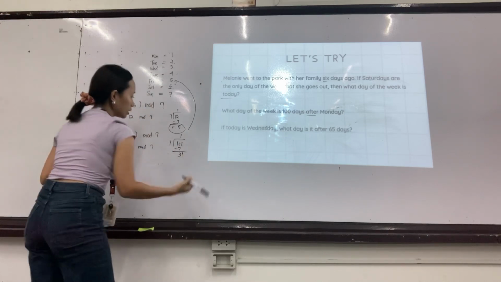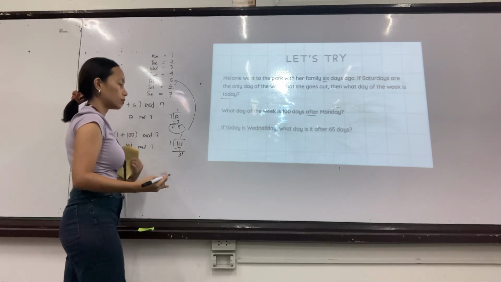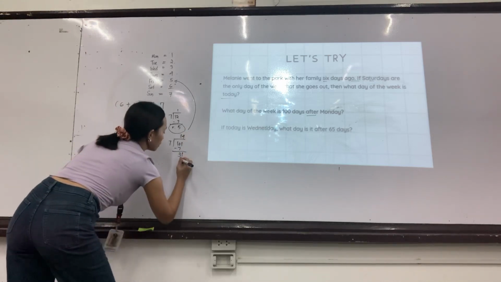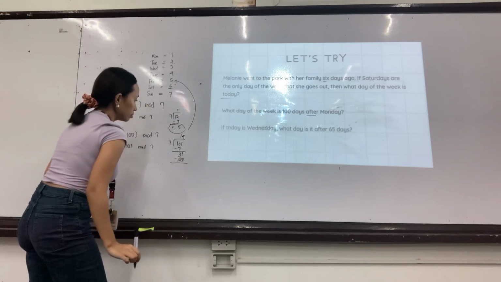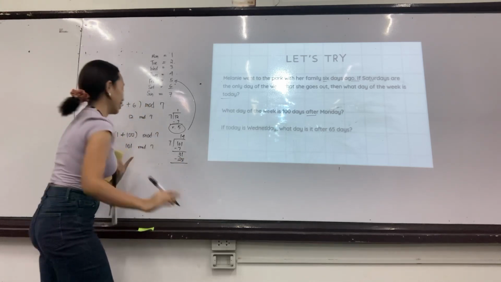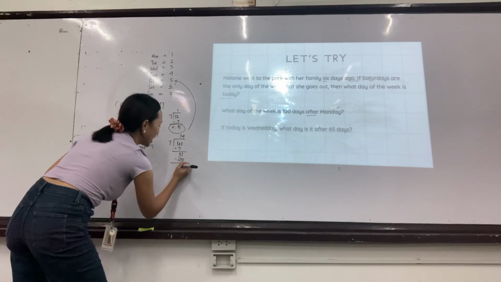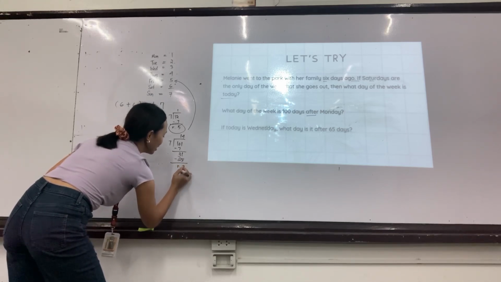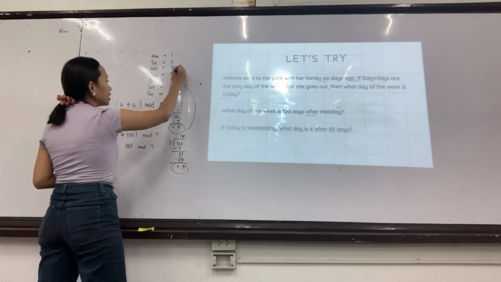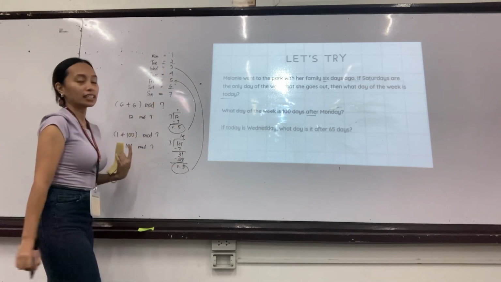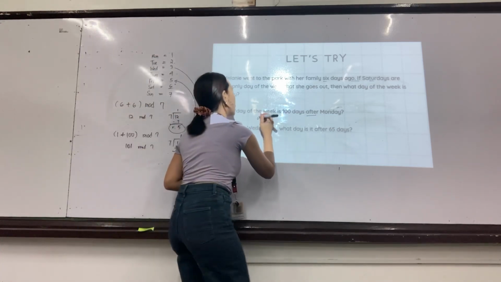And then 31, and then 14. 31 minus 28, right? 7, 14, 21, yeah. 31 minus 28 is 3. So our answer is 3, which is equivalent to Wednesday. So the answer here is Wednesday.